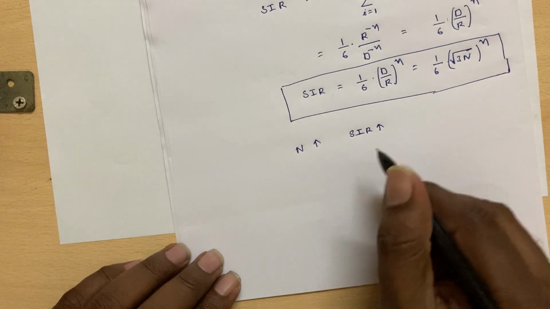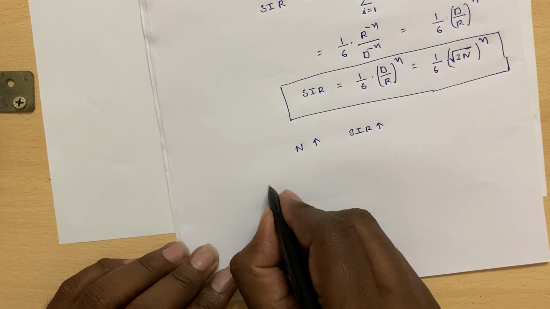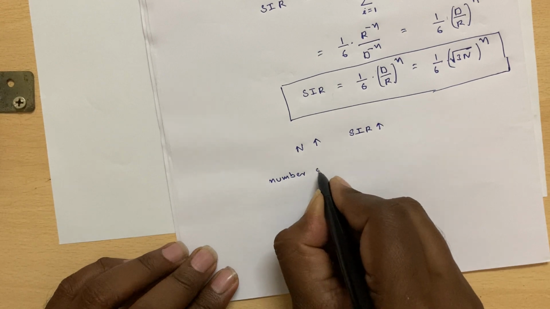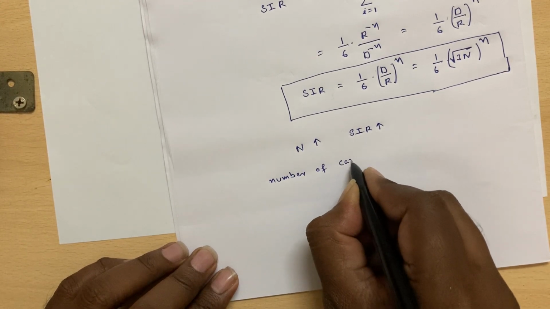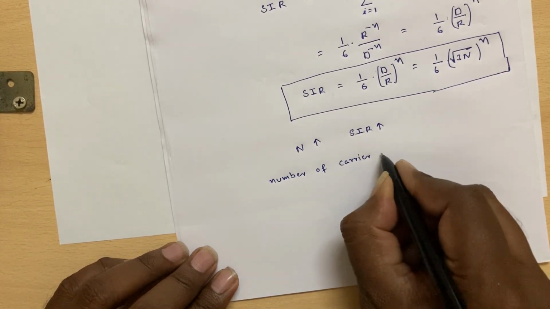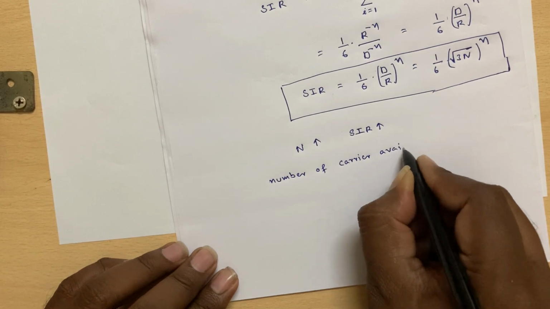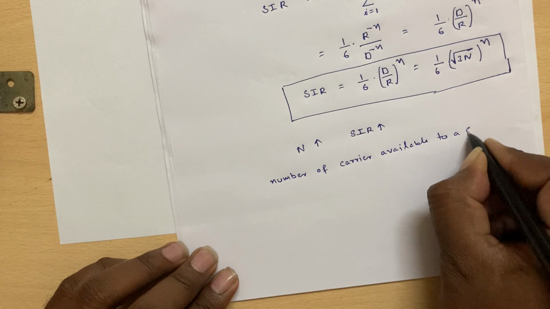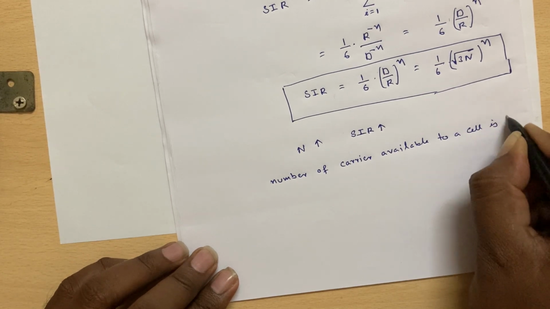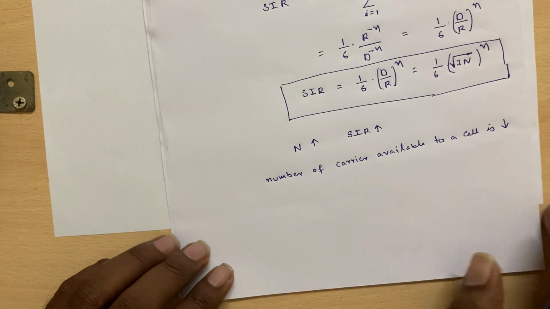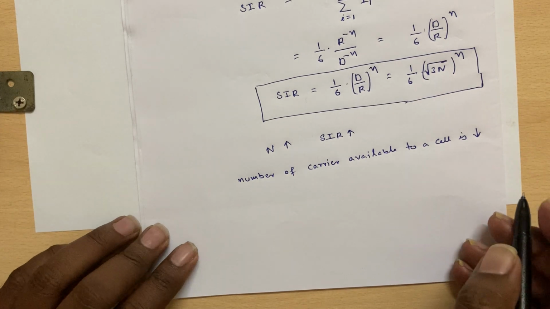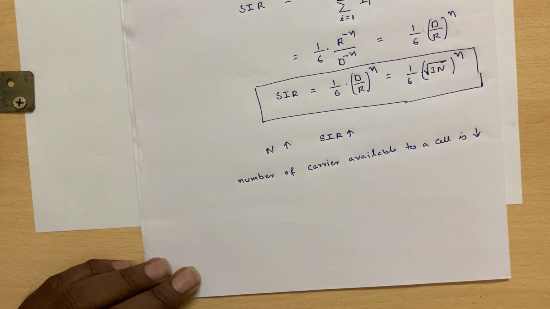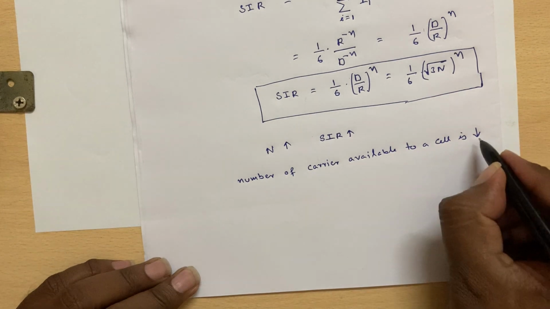So the number of frequency carriers available to a cell is decreased as n is increased. And one more thing is, cluster size will be increased.